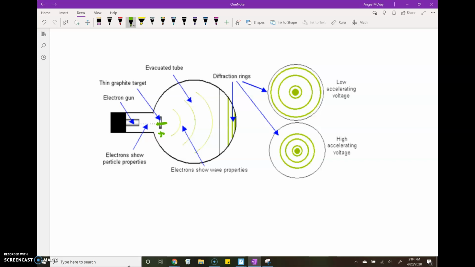As the voltage gets higher, the electrons go faster and the wavelength gets smaller, producing a tighter interference pattern, which is exactly what we would expect if light or something was acting like a wave.